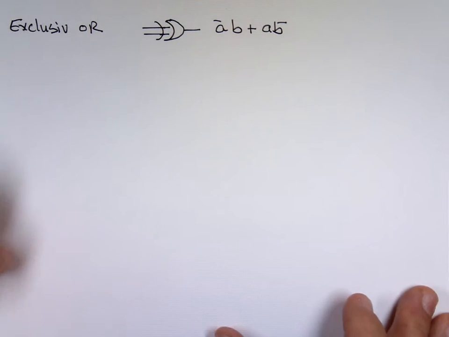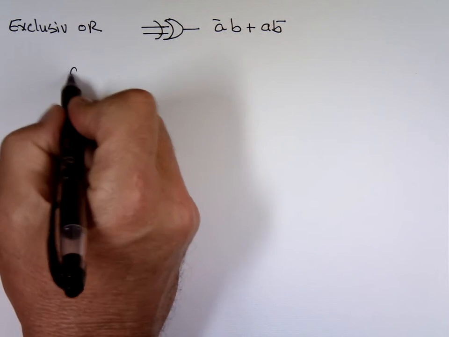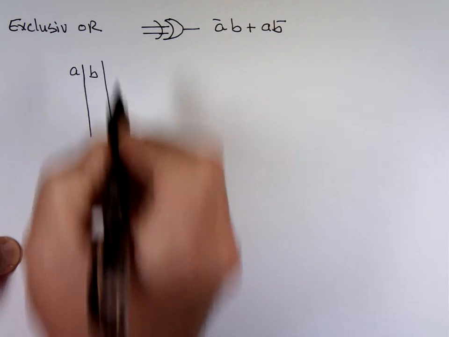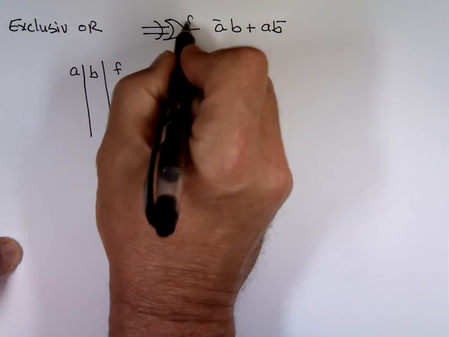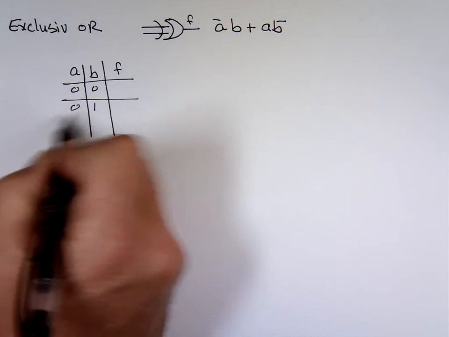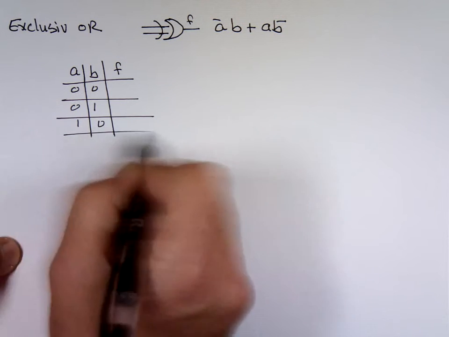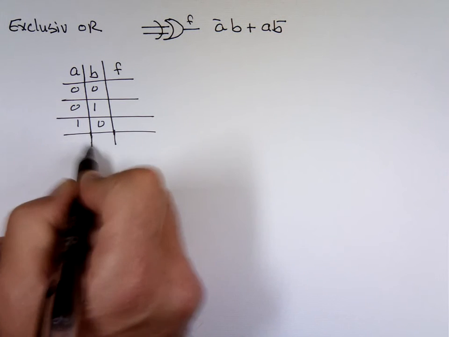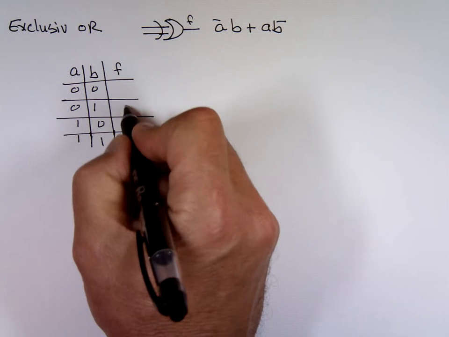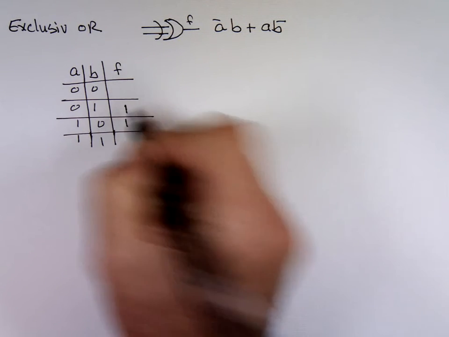If I have two inputs, and this is your F output, you will have a value of 1 when one of these guys is 1. Otherwise, you have a 0.